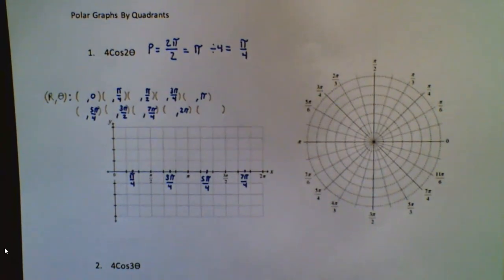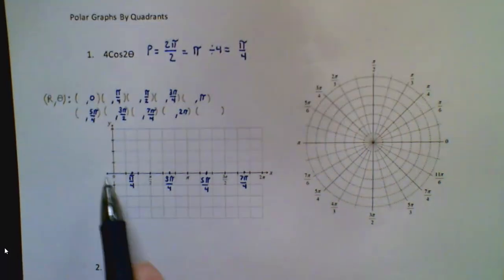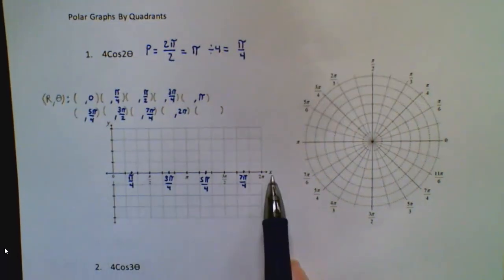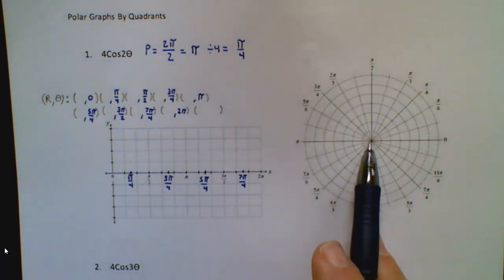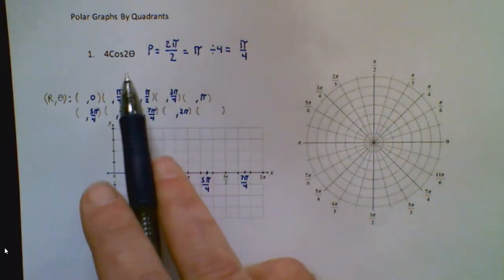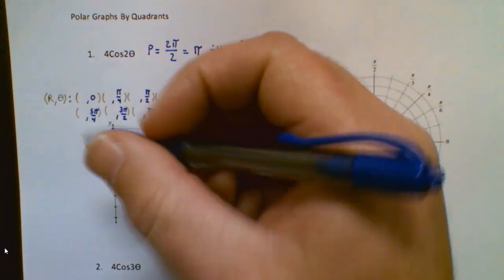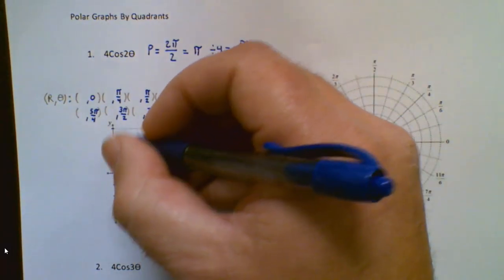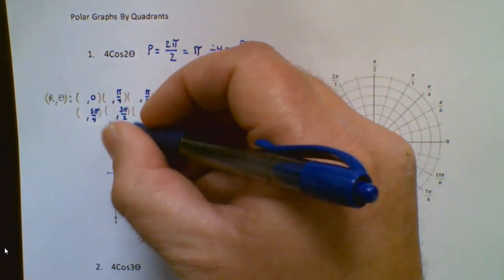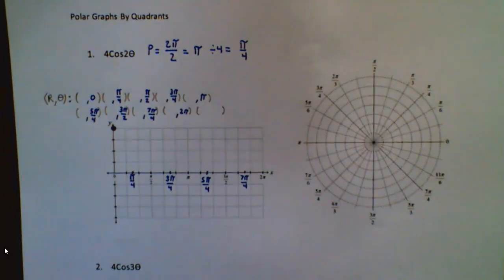And if you think about how you graph a cosine graph, remember a cosine graph starts at the amplitude. It doesn't start at the midline. So here's the midline, or the origin. Think origin or think pole on this. So as we plot our first point, since my amplitude is 4, the cosine graph would start at 4. 1, 2, 3, 4. And then think about where it goes from there.